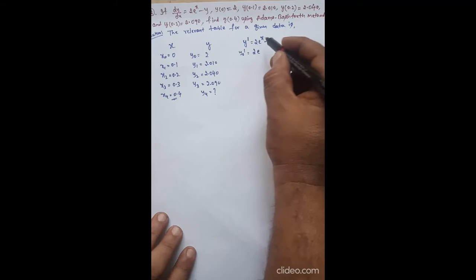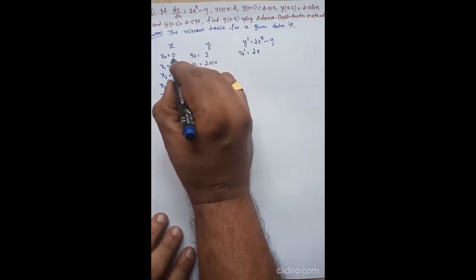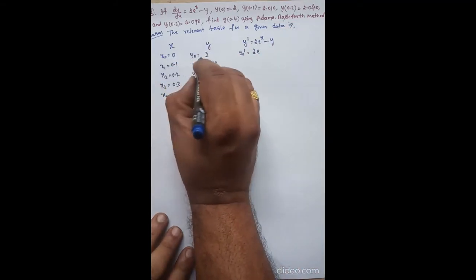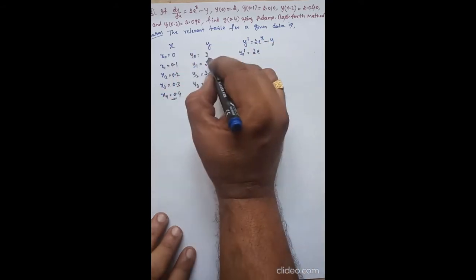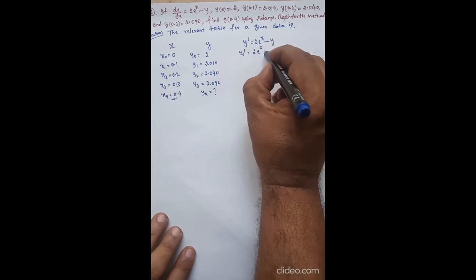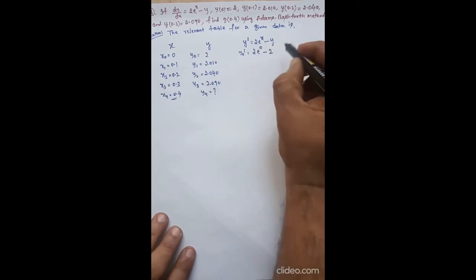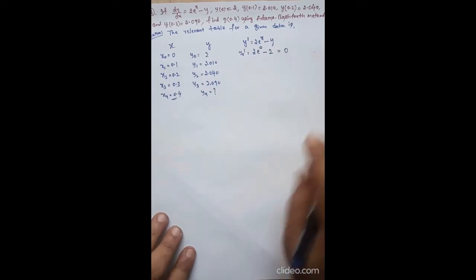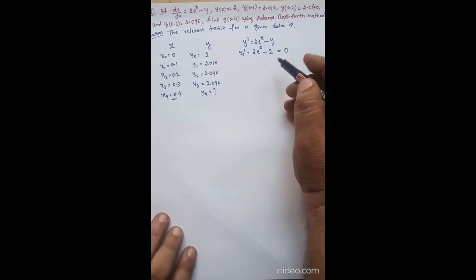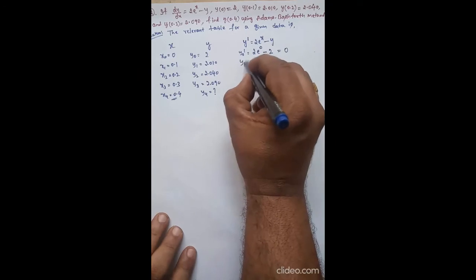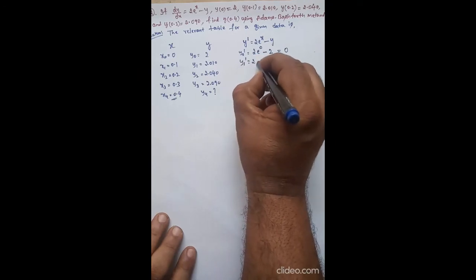So in place of x, let us substitute this value. So corresponding to these values, let us calculate y dash. So when x is 0 and y is 2, it becomes 2 e power 0 minus 2. So this comes around 0 because e power 0 is 1, 2 minus 2, 0. Next, similarly, y1 dash is equal to 2 e power x.